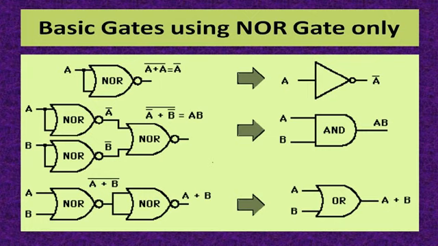Now this is enough for today's lecture. In the next lecture we will see half adder, full adder, 4-bit binary adder, and different types of Boolean equations and simplification of Boolean equations. Okay students?